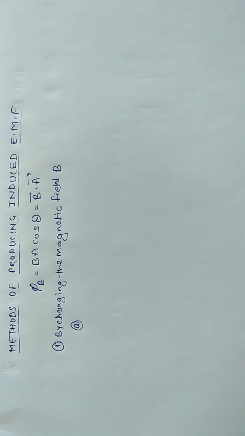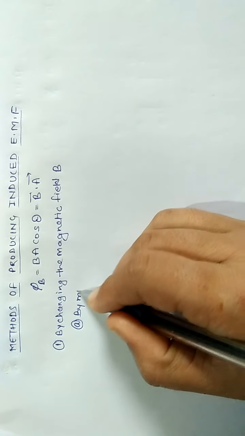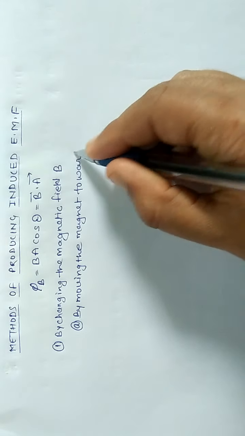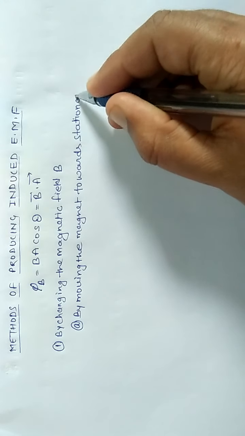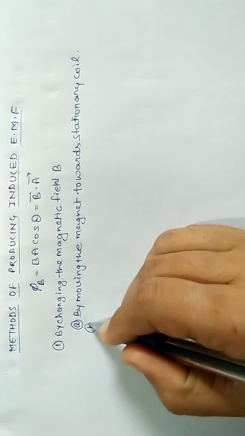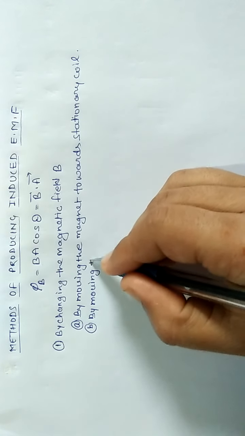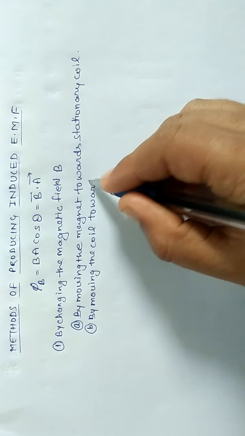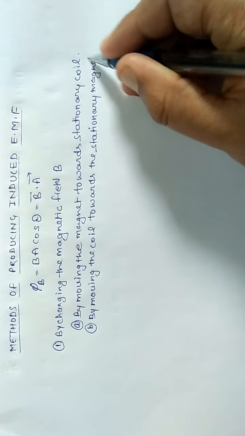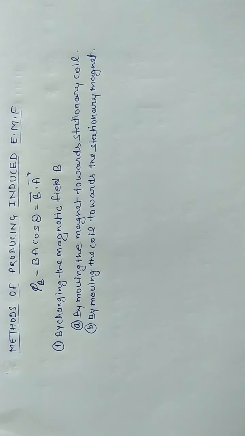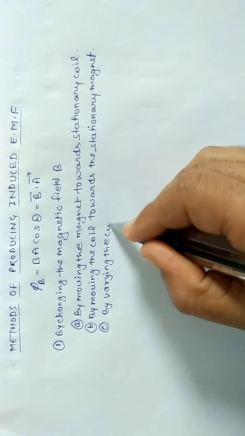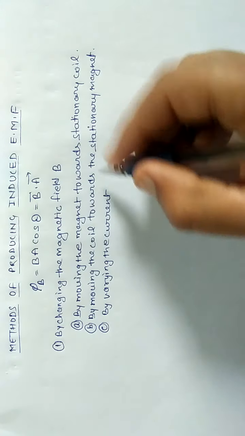By moving the magnet towards a stationary coil, or by moving the coil towards the stationary magnet, or by varying the current in a neighboring coil.